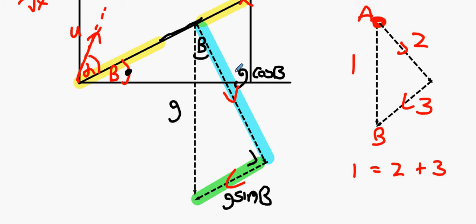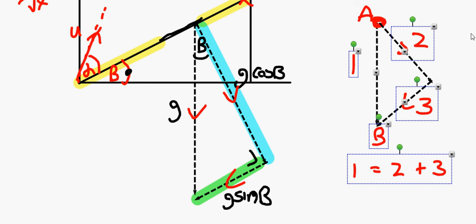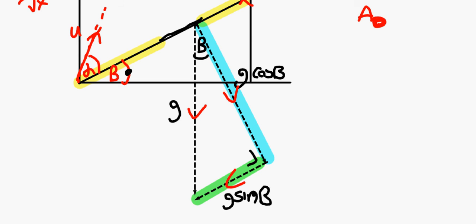So likewise, gravity goes straight down. This means the blue vector and the green vector have to go diagonally right down and diagonally left down. Now what I'm asking you is, which direction are they affecting? Which speed are they affecting? The blue one is in what direction?